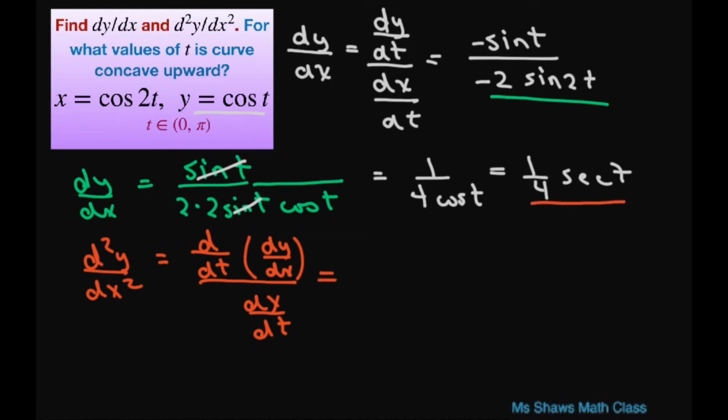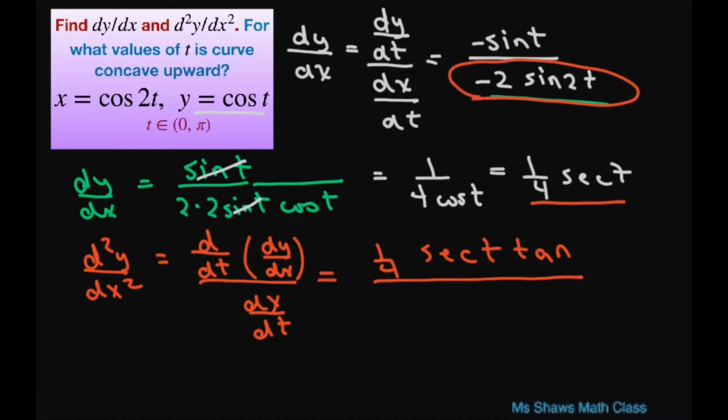This is going to be just equal 1/4 times secant of t tan of t. And our denominator is going to be this with the negative. So it's just going to be negative 4 sine of t cosine of t. I have to put back the negative because we took it away here.